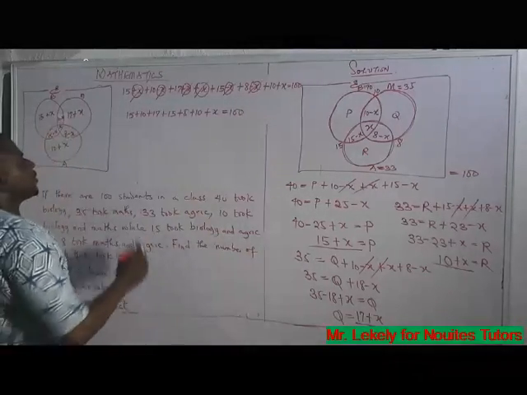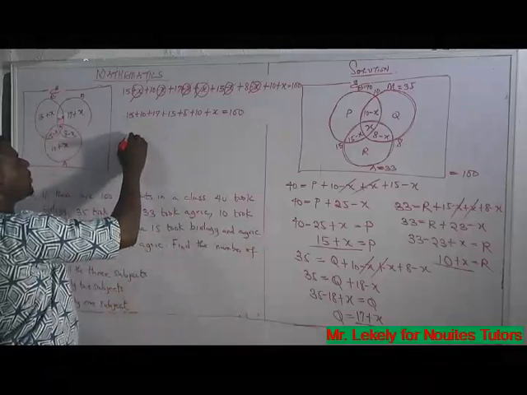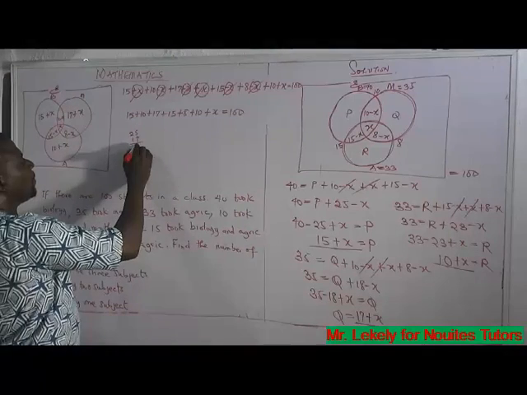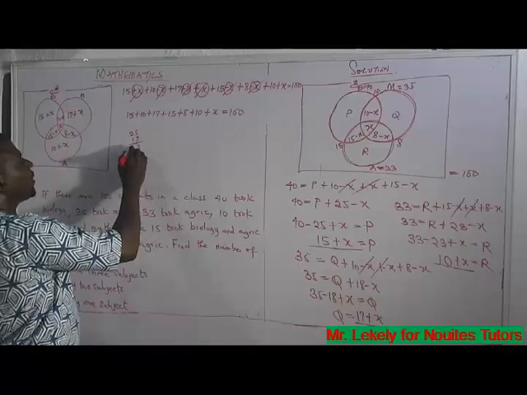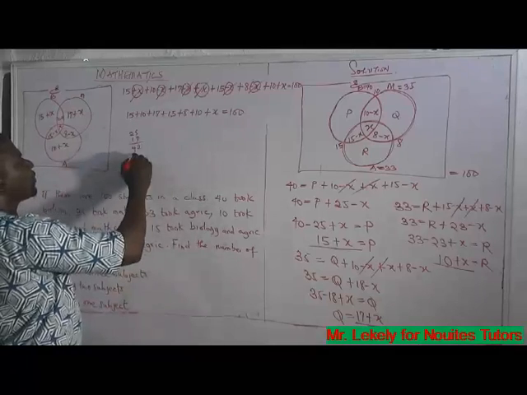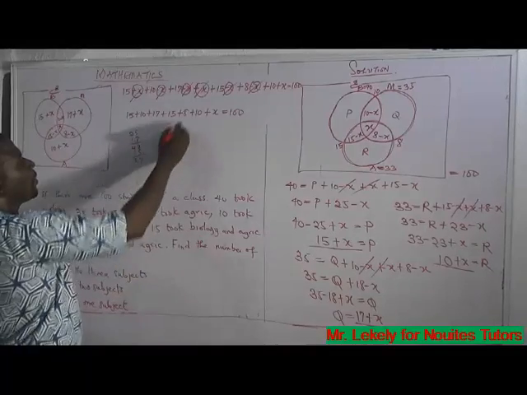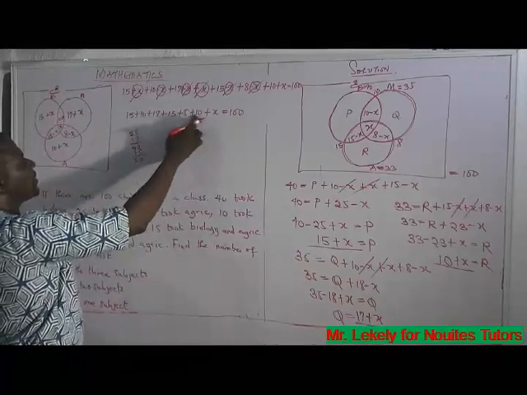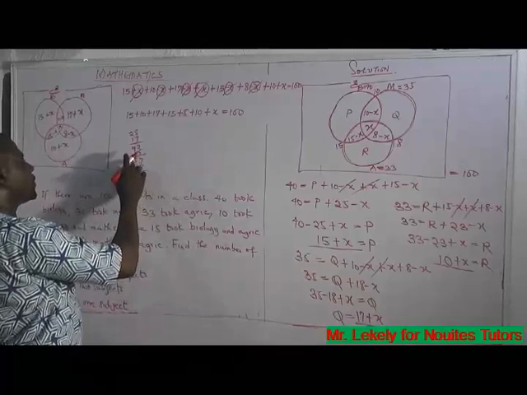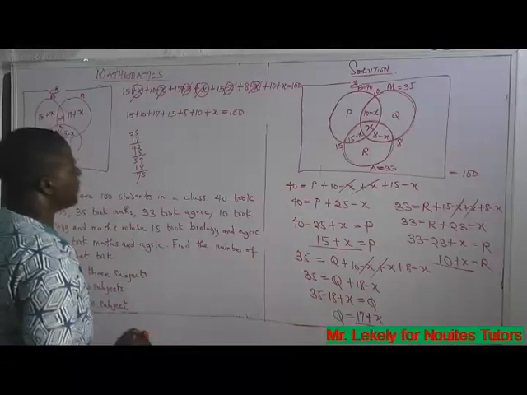So let's add this together. 15 plus 10 is 25. 25 plus 17 is 42. Then plus 15, you have 57, plus 8, plus 10, you have 75.